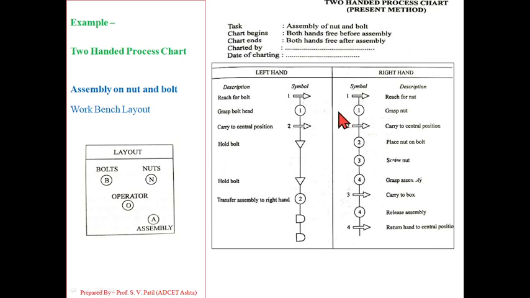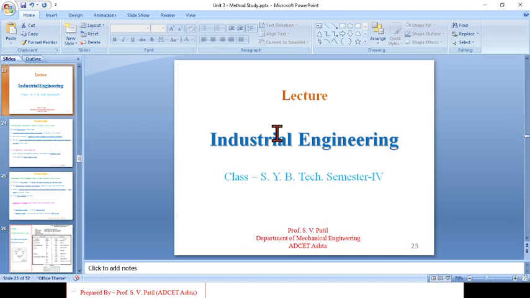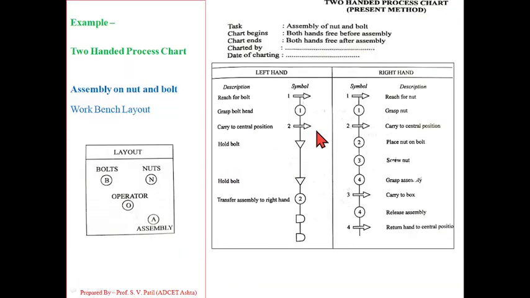Now, after grasping the bolt in the left hand and the nut in the right hand, it is required to move those two objects to the center. So here, carry to the center position indicates transportation. We use this transportation symbol the second time, that's why we numbered it as 2. We write in the description: carry to the center position.